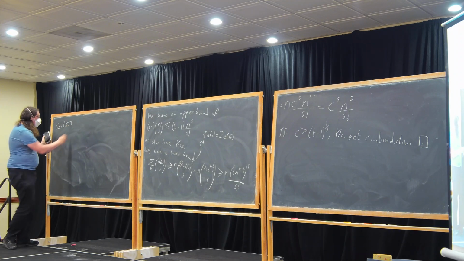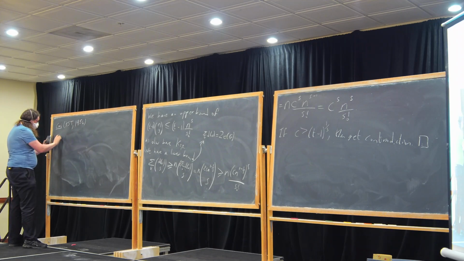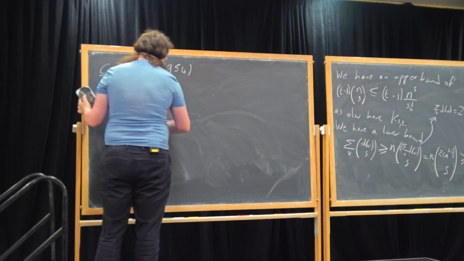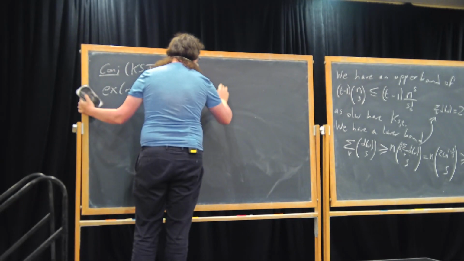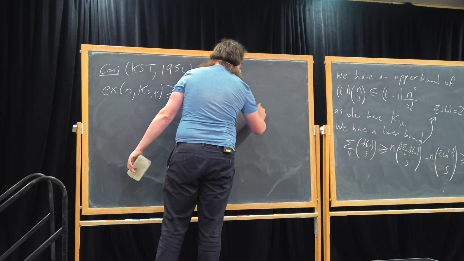The conjecture is that this bound is sharp, that ex(n, K_{s,t}) is always at least some c prime, depending on s, times n to the 2 minus 1 over s, for s less than or equal to t.